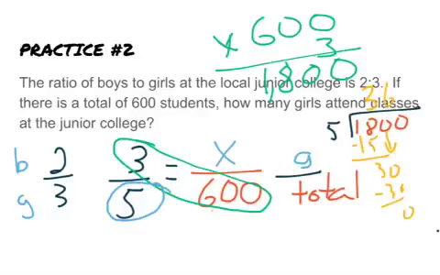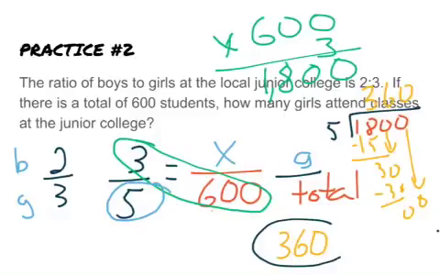I no longer have a remainder. I do have this other 0 to work with, and 5 goes into 0 0 times. So our answer is 360.